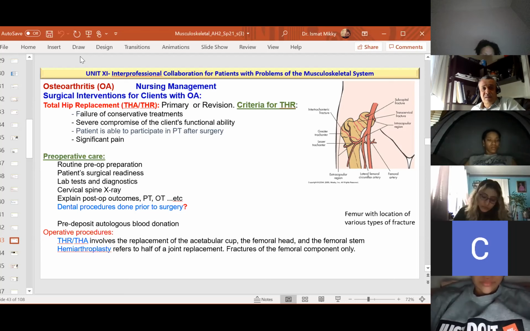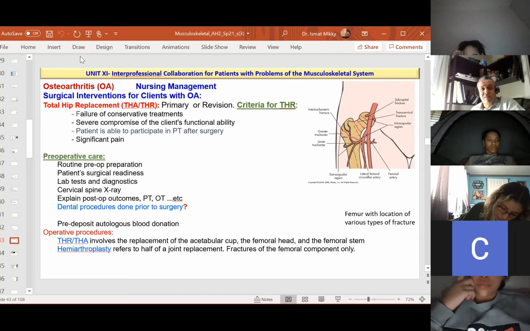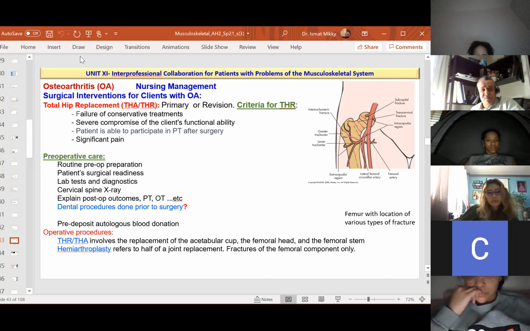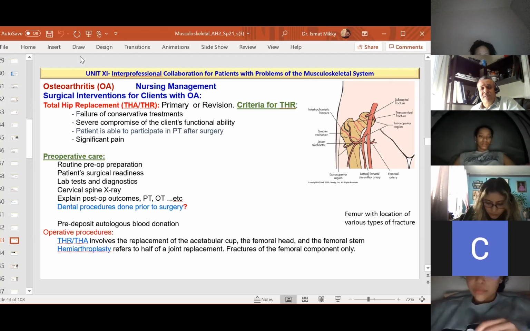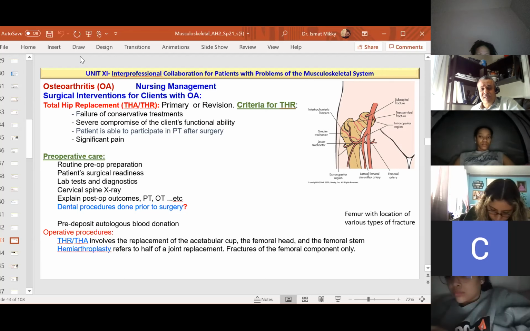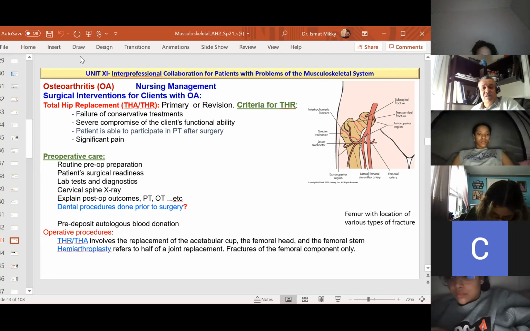So pre-op care, I'm just going to highlight the most important. There are some routine steps and things that can be done for any other surgery, but let me just highlight the things that pertain to this specific surgery. The first one is that if we are going to use general anesthesia, we recommend that the patient have a cervical spine X-ray to rule out rheumatoid arthritis.